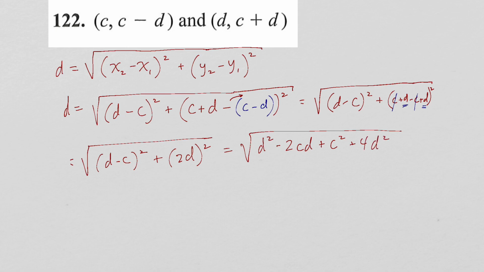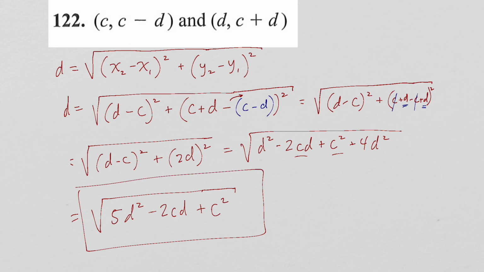And finally, I'm going to combine like terms. D squared and 4d squared are like terms, so that's going to be the square root of 5d squared. And then this stuff we can't do anything with, so we just have to write it down. Minus 2cd plus c squared. And that's it.